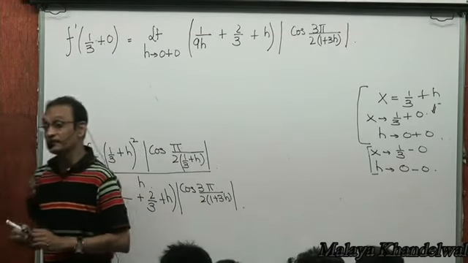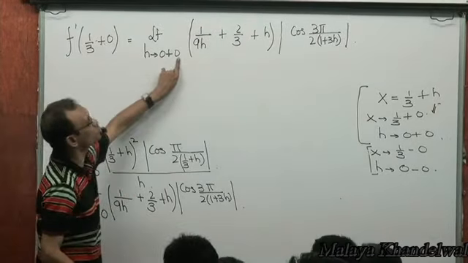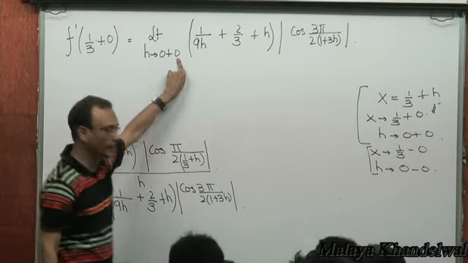This will be the right hand derivative at 1/3. The left hand derivative would be h tending to 0 from the less than 0 side.